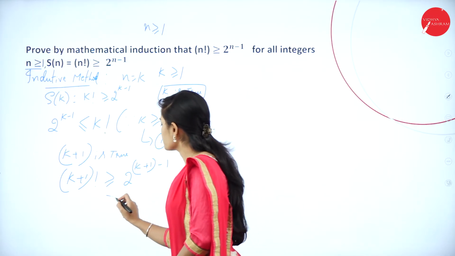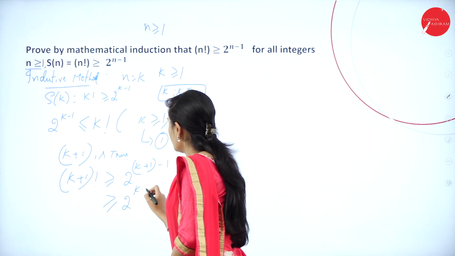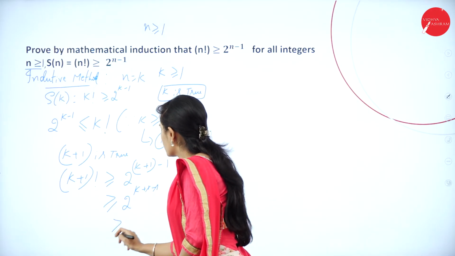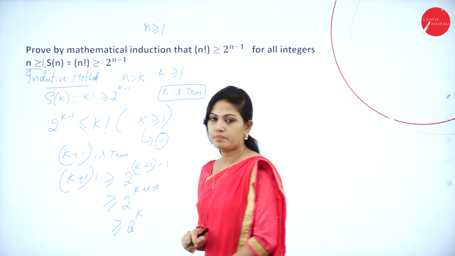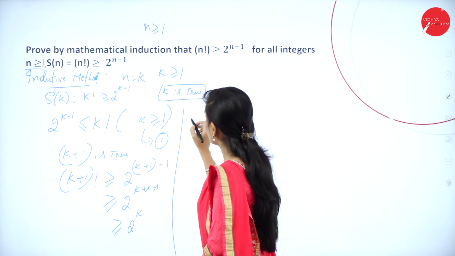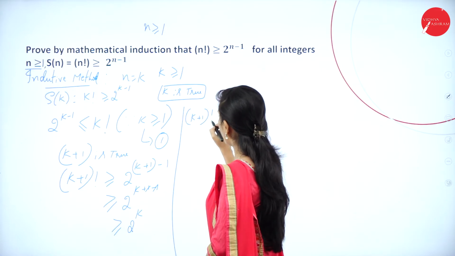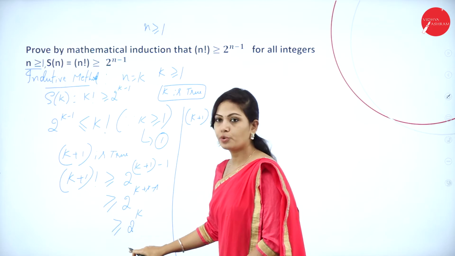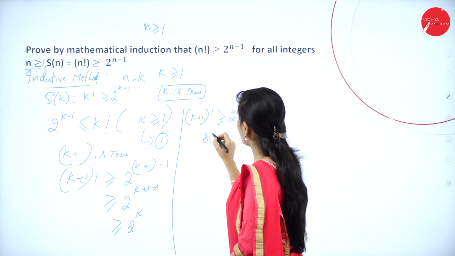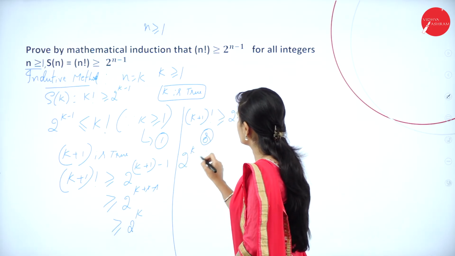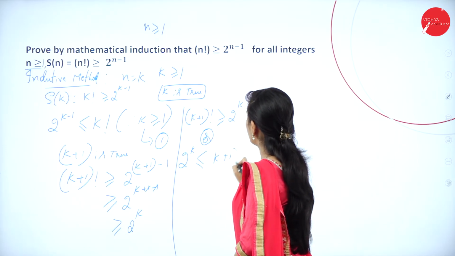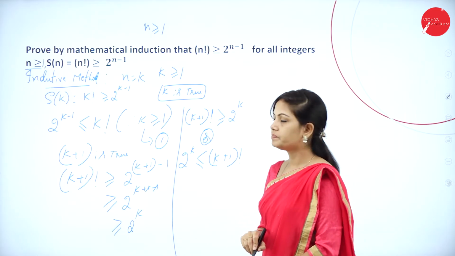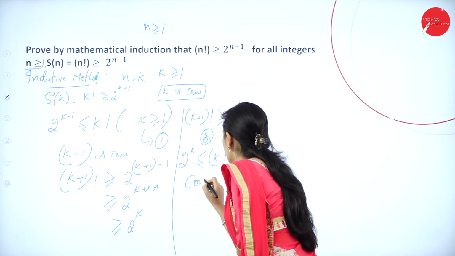Now the plus 1 minus 1 will get cancelled, so it is 2 power k. So k plus 1 factorial is greater than or equal to 2 power k, or you can also write it as 2 power k is less than or equal to k plus 1 factorial. Clear?